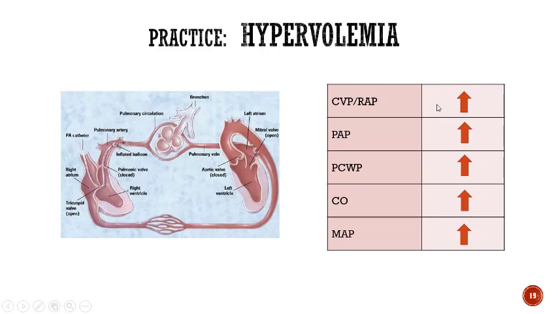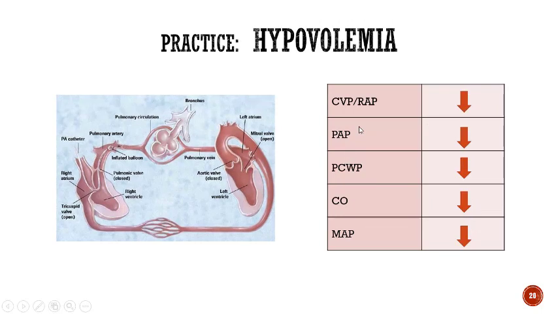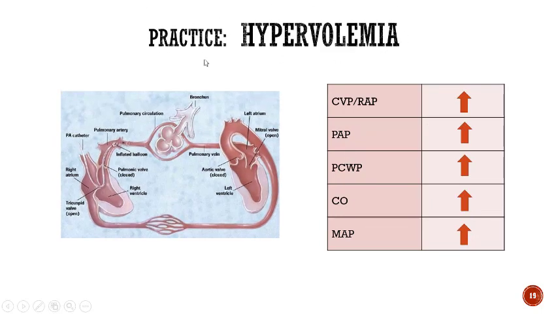And you can look at that handout that has all the normal pressures on it. You'll see your pulmonary arterial pressure be higher than normal, your pulmonary capillary wedge pressure be higher than normal, your cardiac output will be higher than normal, and your MAP will be higher than normal. If you think about why this would happen, if you have hypervolemia, it means you have a higher than normal blood volume, so it's going to increase all of these things.